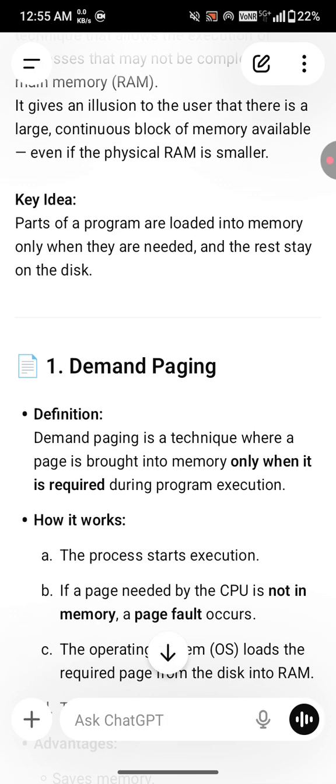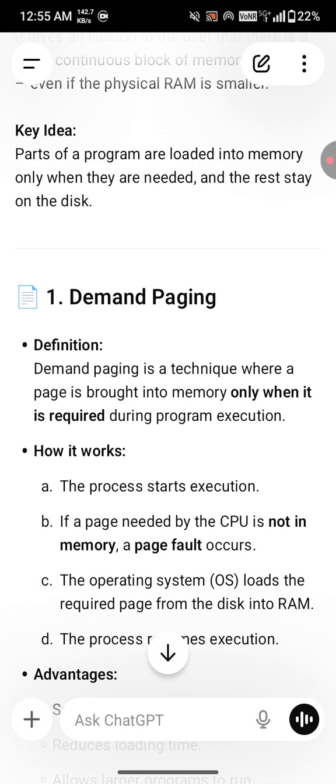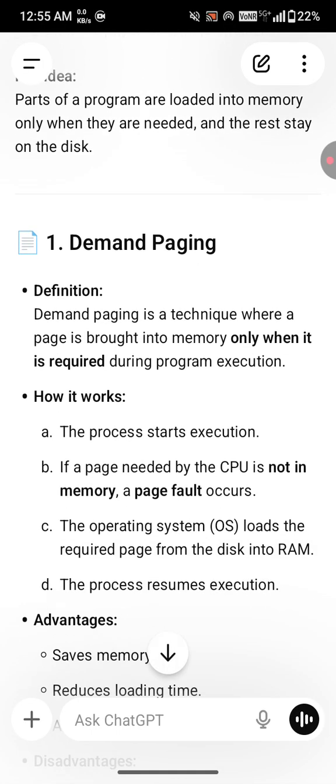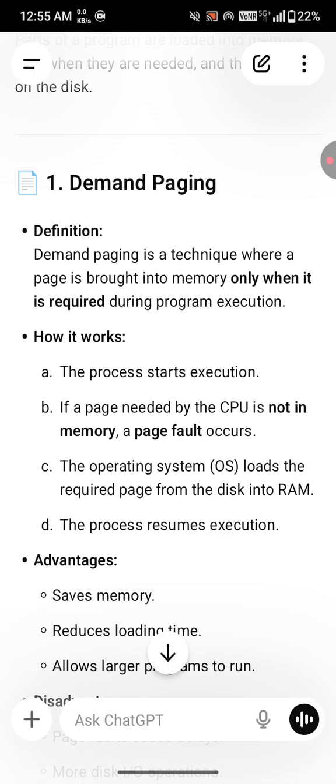Demand paging. Definition: demand paging is a technique where a page is brought into memory only when it is required during program execution. How it works: the process starts execution, and if a page needed by the CPU is not in memory, a page fault occurs, the operating system loads the required page from the disk into RAM, and the process resumes execution.